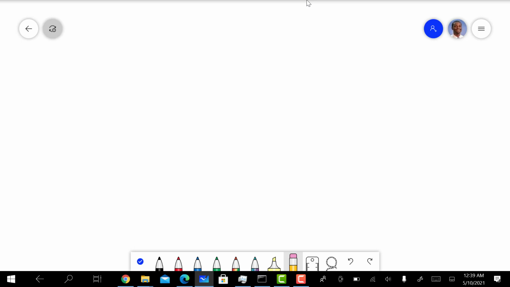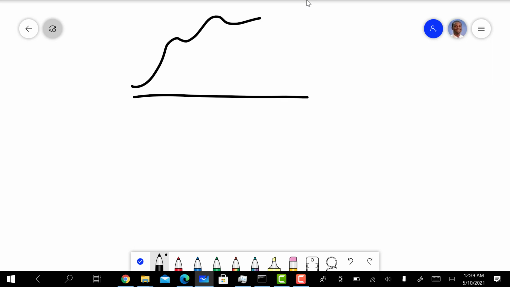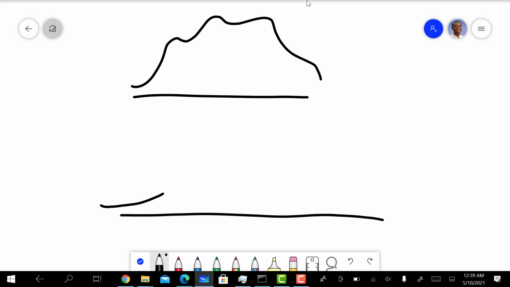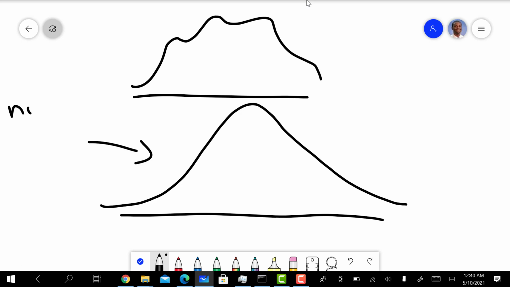Because when your population is small, you have 2, 3, or 4 data points, you may have some weird results. But the bigger your population, the more your population tends to have a bell curve. So when you go from 3 or 4 data points to 1,000, 10,000, a million data points, you will almost see something called a bell-shaped curve. This is called a normal distribution.